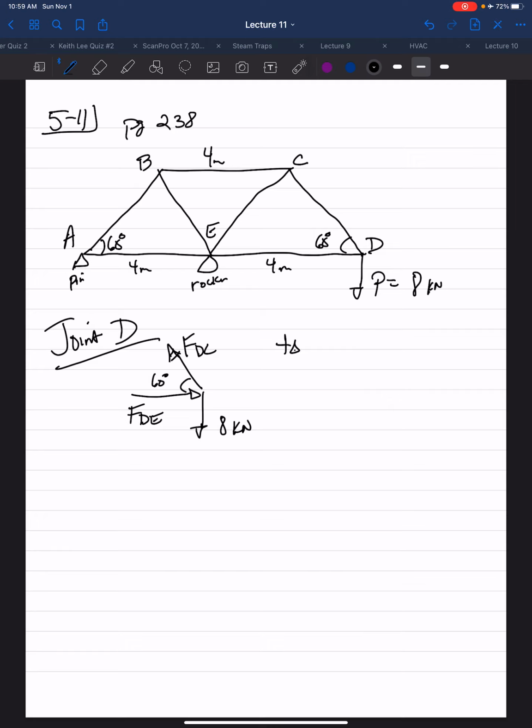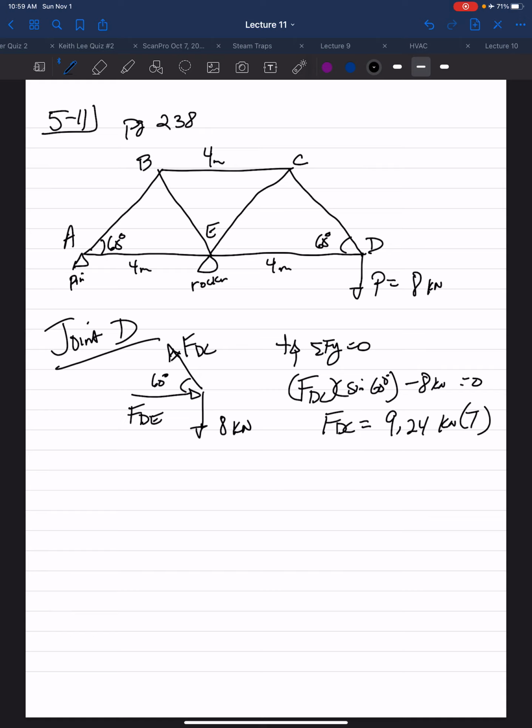So I'll take the sum of my forces in the y direction. I have FDC times sine of 60 minus 8 kilonewtons. You get FDC is 9.24 kilonewtons, and it's pulling, so it's in tension.